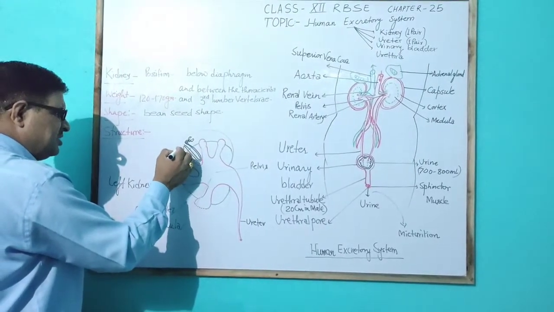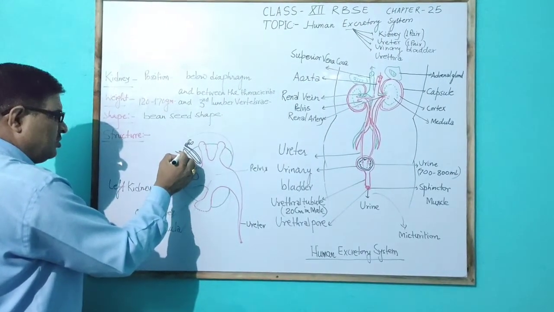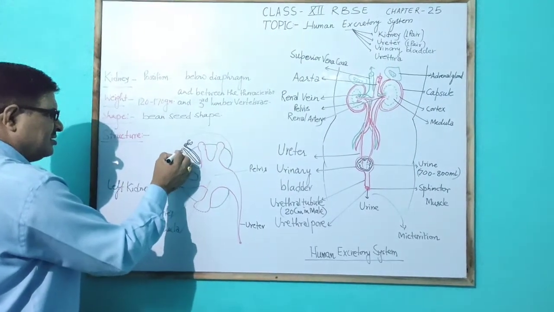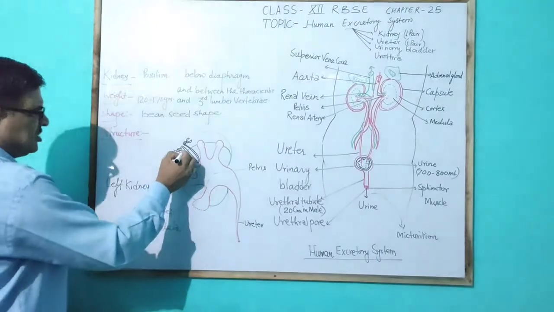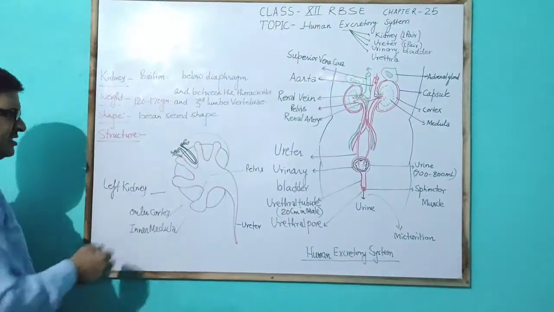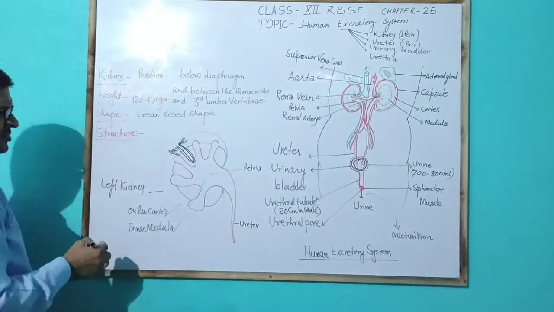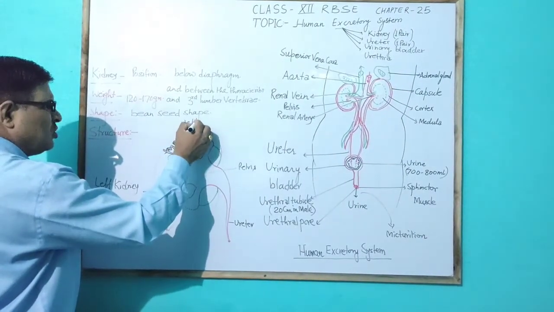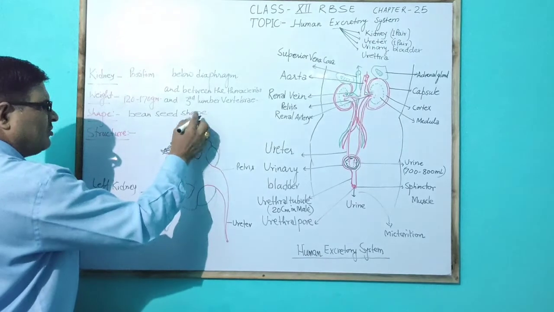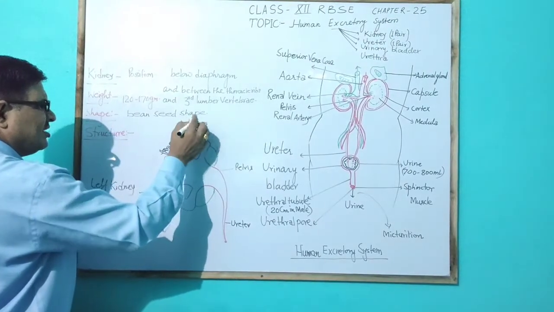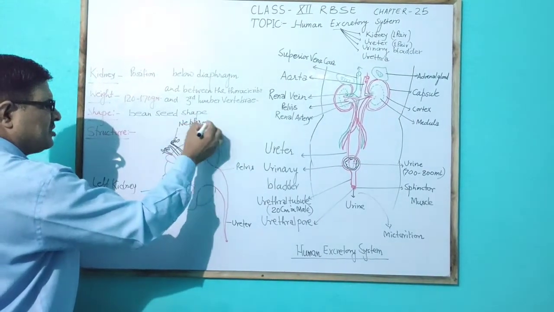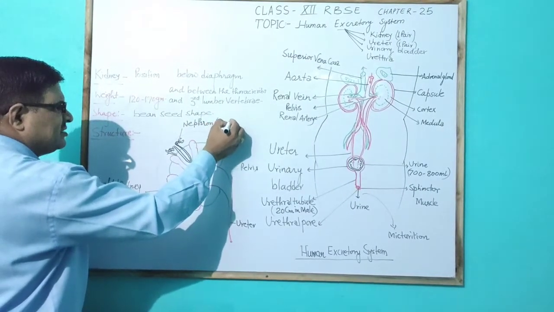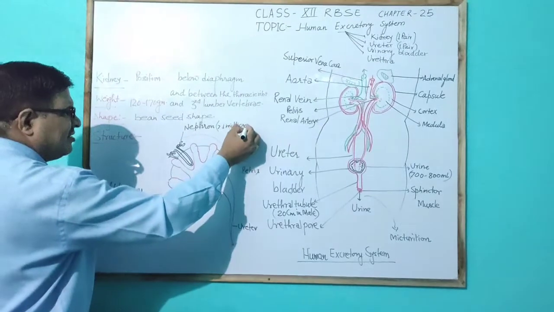Then the DCT part is present, which opens as a tubular structure. This structure is called the nephron, which is noticed as the unit of the kidney.